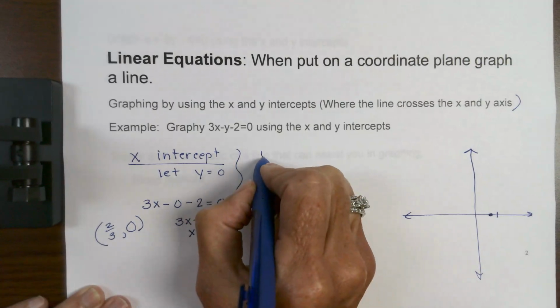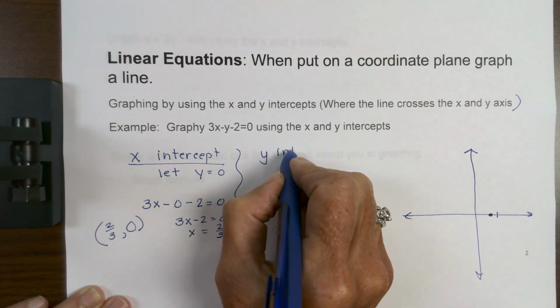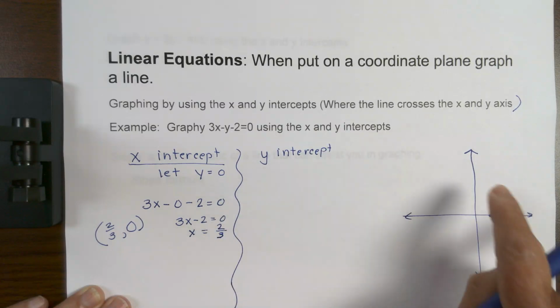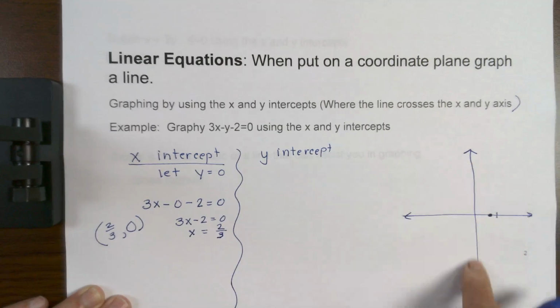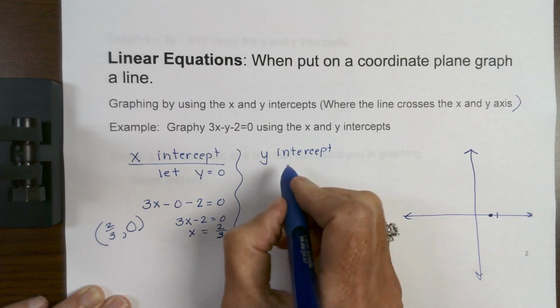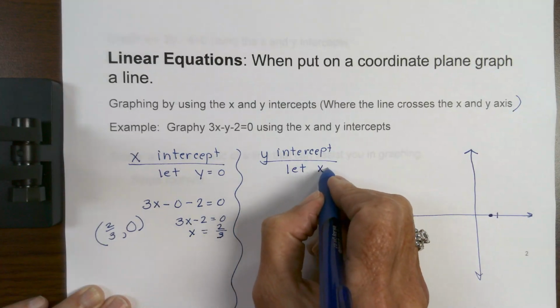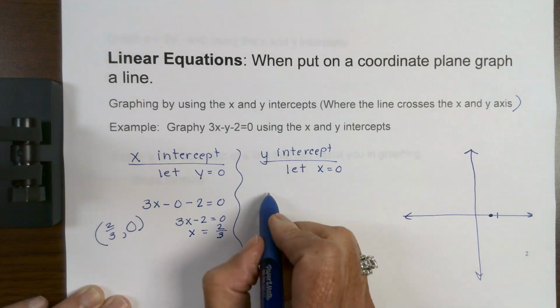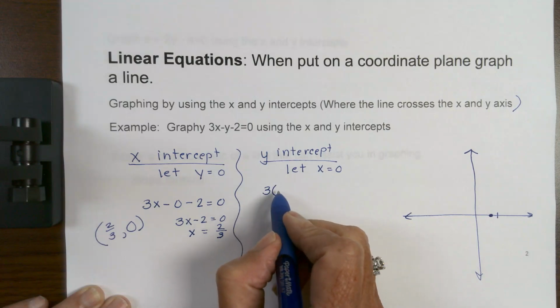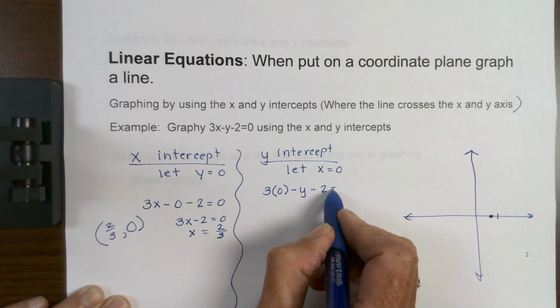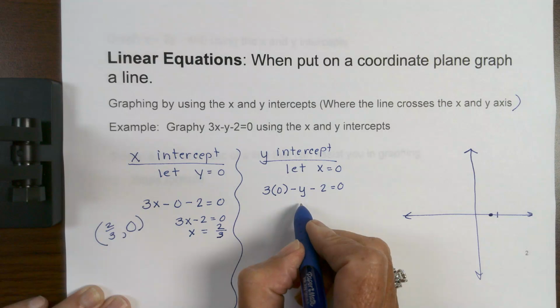Then your y-intercept is where it crosses the y-axis. So anywhere along this line, your x is going to equal 0. So you let x equal 0, and again, you use that equation. 3 times 0 minus y minus 2 equals 0.